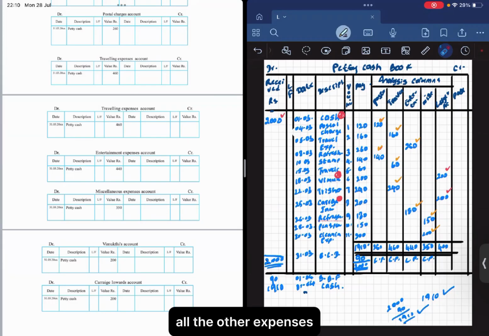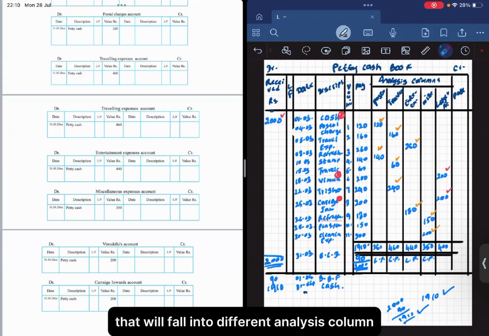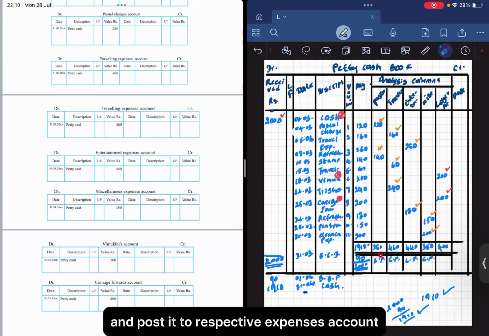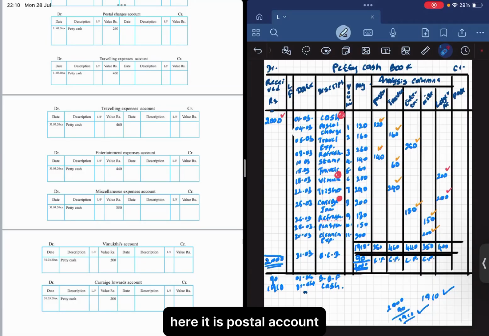All the other expenses will fall into different analysis columns. So you will be passing the credit entries here and then total and post it to the respective ledger account. Here it is postal account, here it is travel account, entertainment, miscellaneous, likewise.